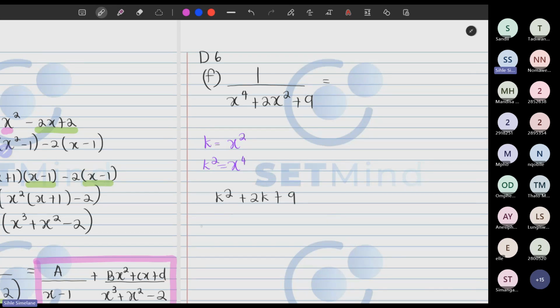So we will use the quadratic formula to try and find the factors. That would be minus 2 plus or minus the square root of 2 all squared minus 4 times AC, which would be 1 times my 9.